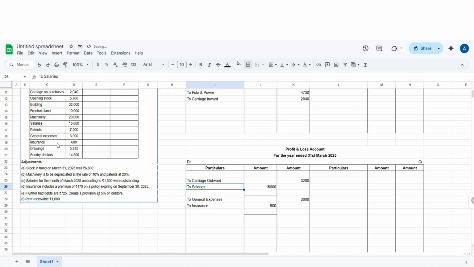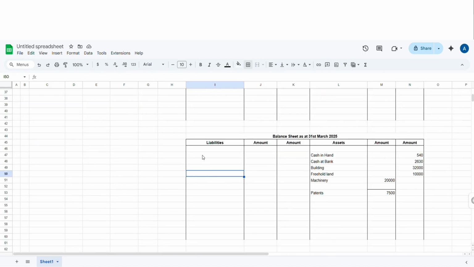And then we have drawings 5,245. Drawings will be deducted from the capital, so balance sheet liability side, first capital, then less drawings 5,245.